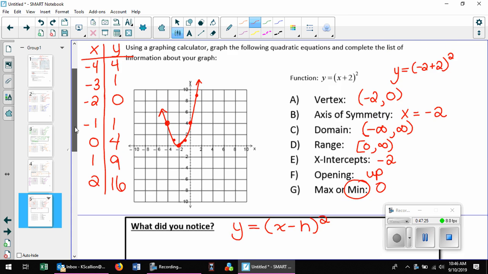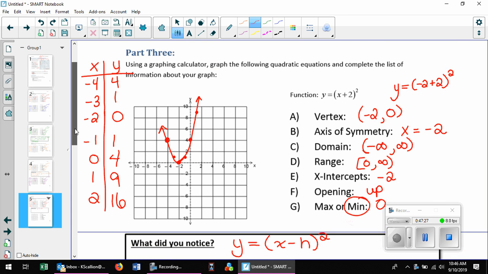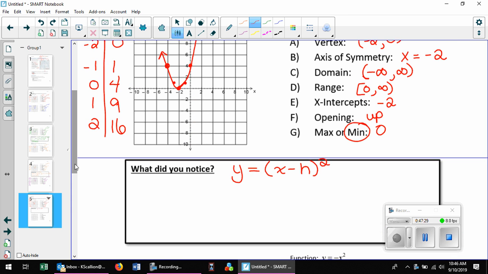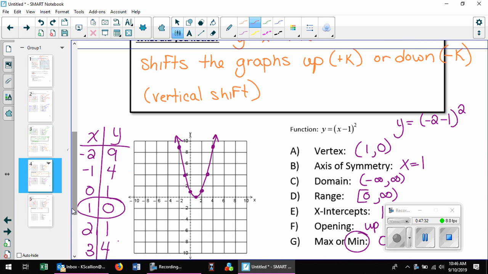So that would have been the first graph that we did. What did you notice? So when I was subtracting 1, what did you notice about the graph? Didn't go down, it went horizontal, which way, left or right? Right. Right.